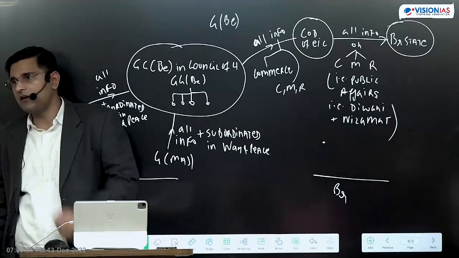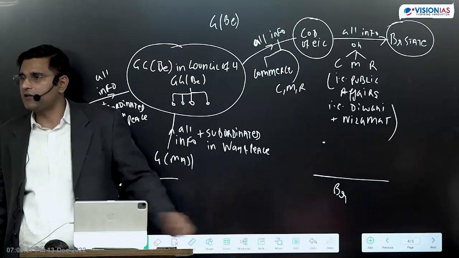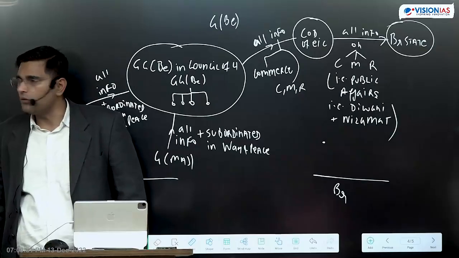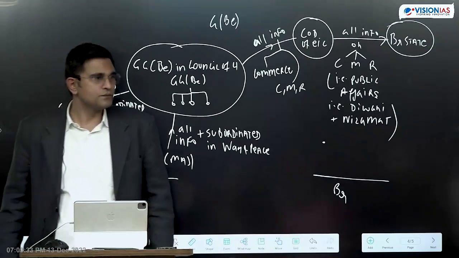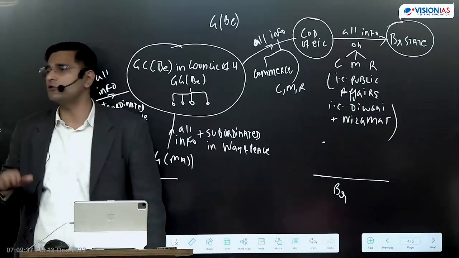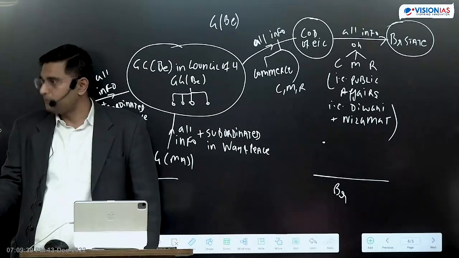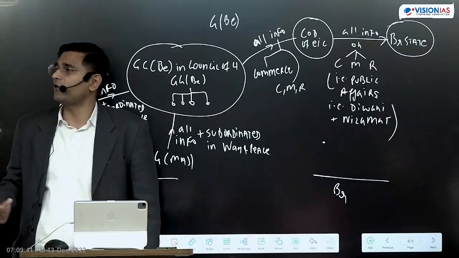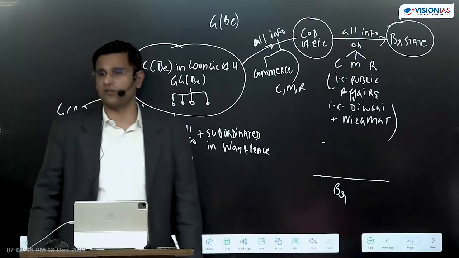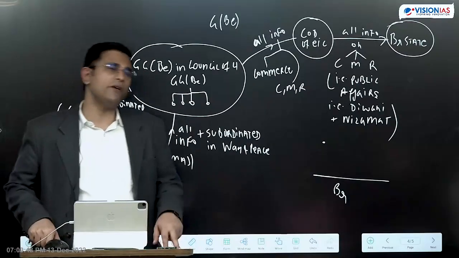I want to implement this policy, but 3 members of the council have said no. This is called indecision, and he does not have veto power. Veto power means the power to overrule the decision of the 4 members of the council. So this is leading to the problem of indecision.